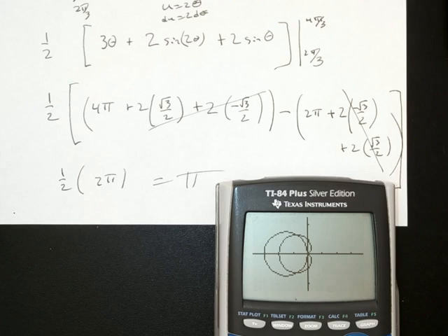It's an overlap. Imagine, if you will, that our little crawler here is a car on a road. At 2 pi over 3, there's a car on the circle, there's a car on the cardioid, there's a car accident. At the time 2 pi over 3, both cars are in the same spot. At the time 4 pi over 3, both cars are in the same spot.